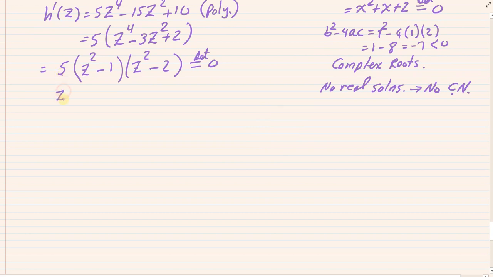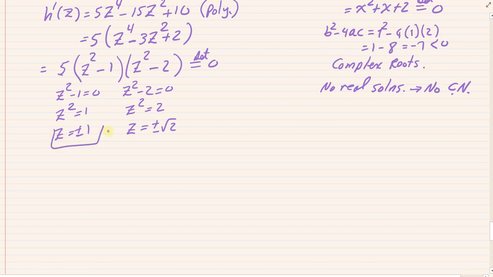Okay, let's solve this. Z squared minus 1 is 0, or z squared minus 2 is 0. Therefore, z squared could be 1. Therefore, z squared could be 2. So we get plus or minus 1. And z is plus or minus square root of 2, taking the square root of both sides in each. So we have actually four critical numbers in this case, right?